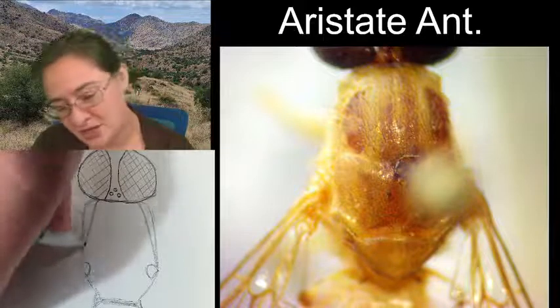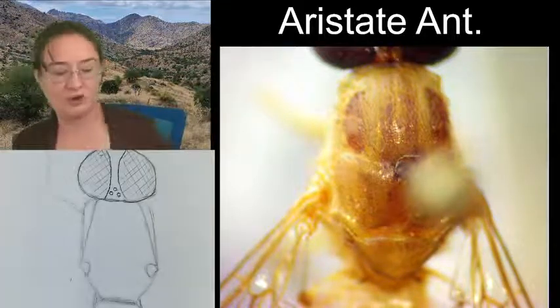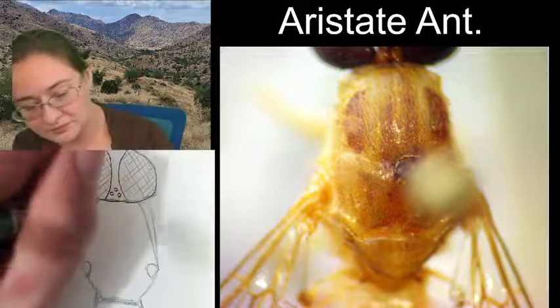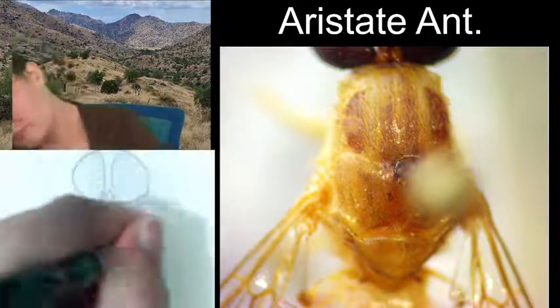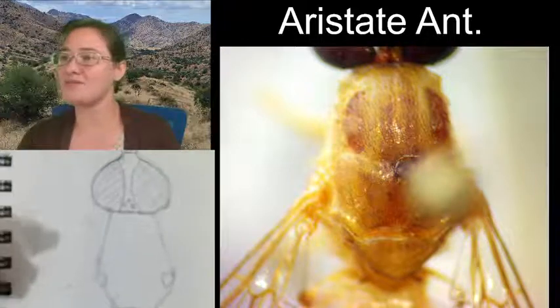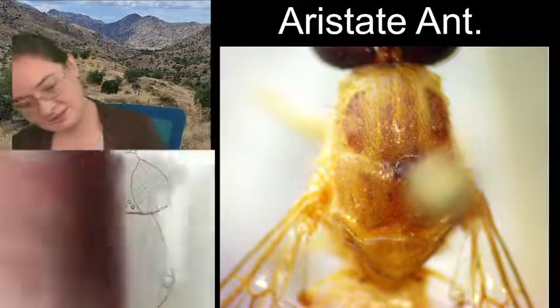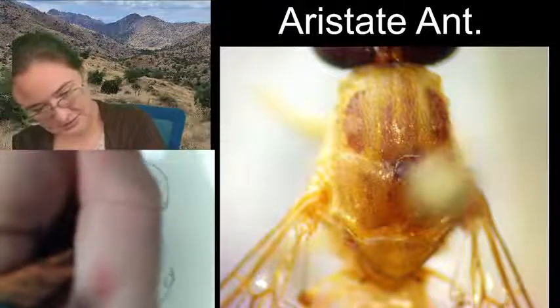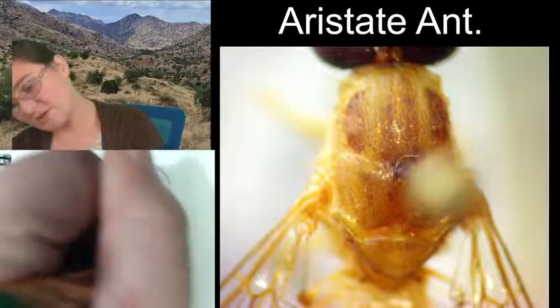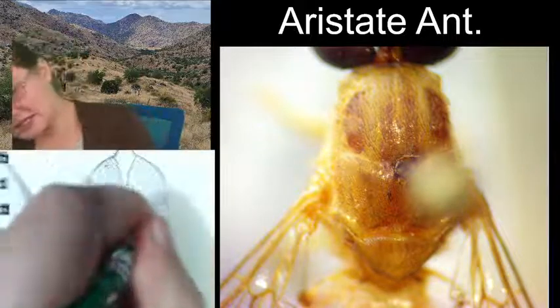My thoracic region has to start narrow and then get wider. And that is already making my head feel like the right size. Maybe even a little bit smaller on this side.